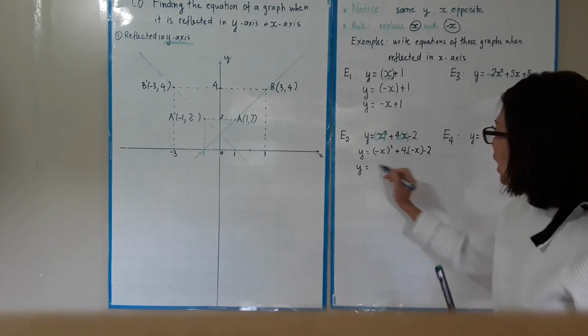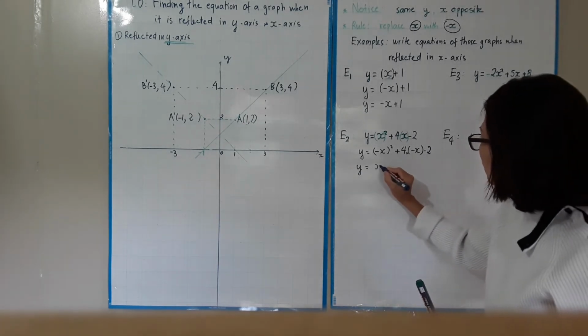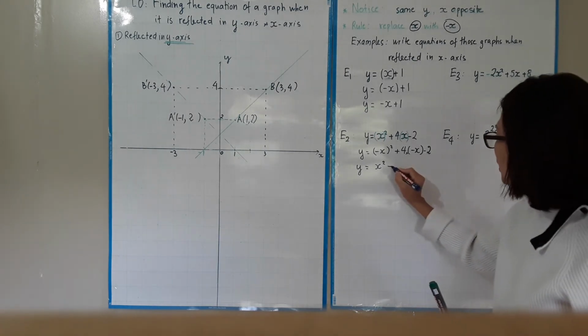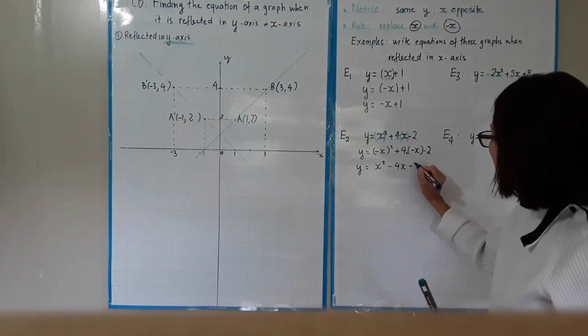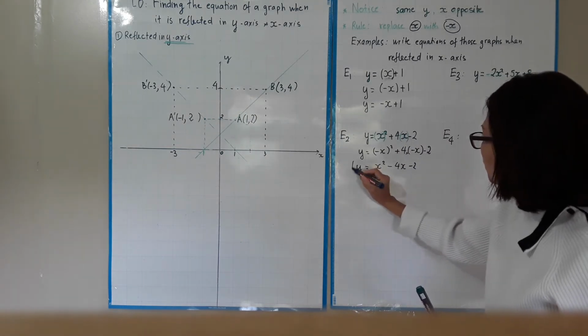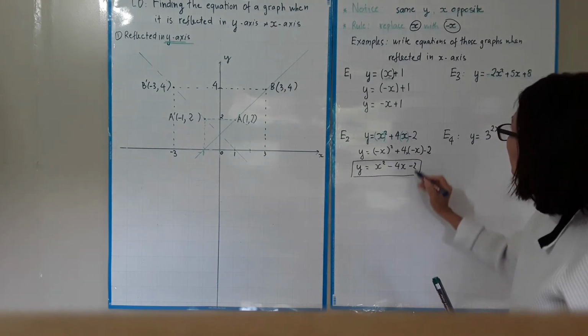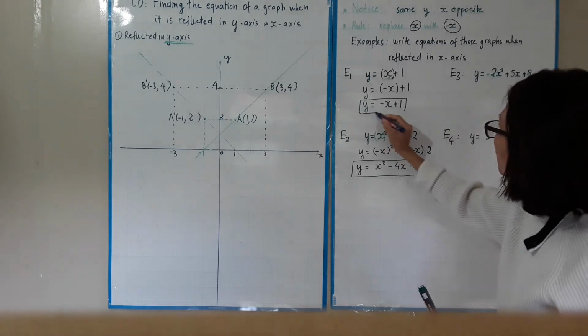Minus x all of it squared will be x squared. 4 times minus x will be negative 4x, and take away 2. That is our answer.